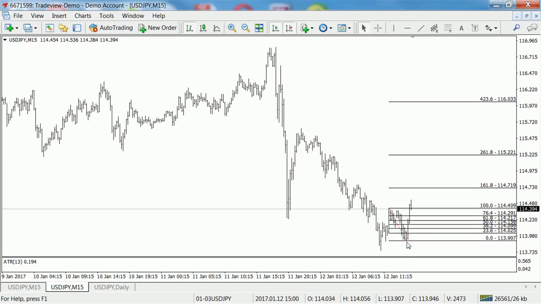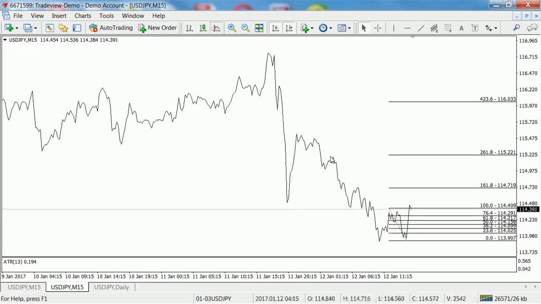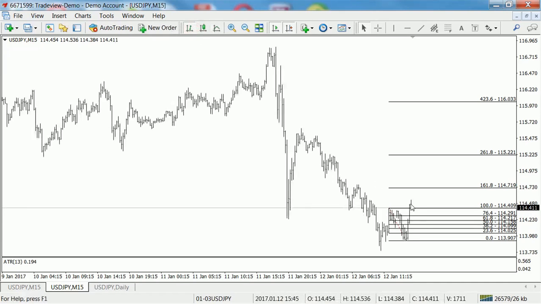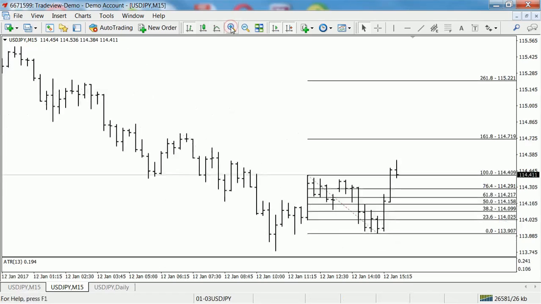Alright, so basically the idea is very simple. Once price already breaks out from this swing high, this swing point, right? So it's already broken out there, and indeed it closed above the 100 mark there.